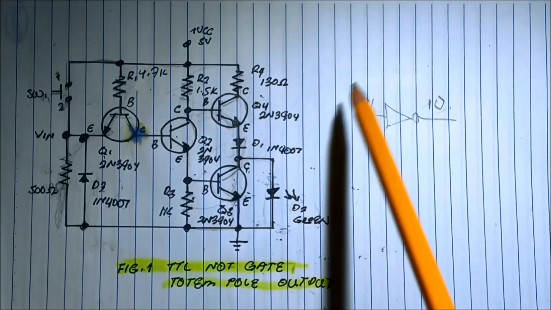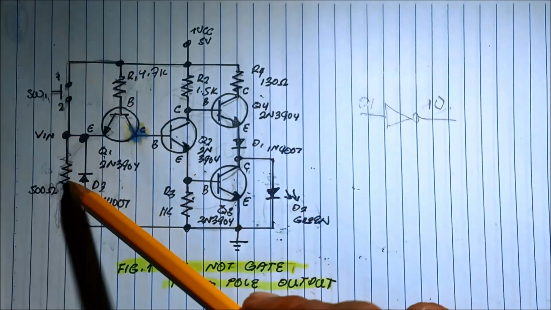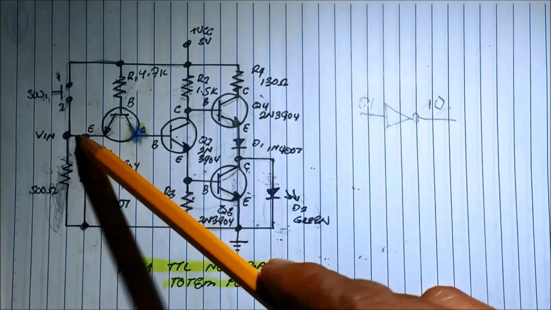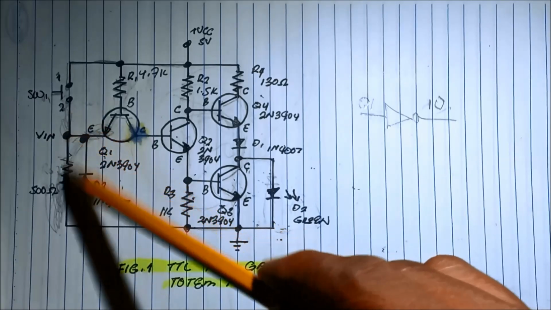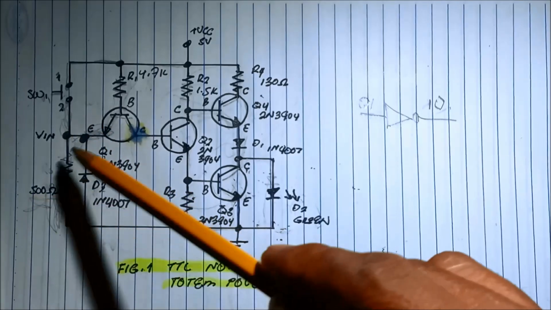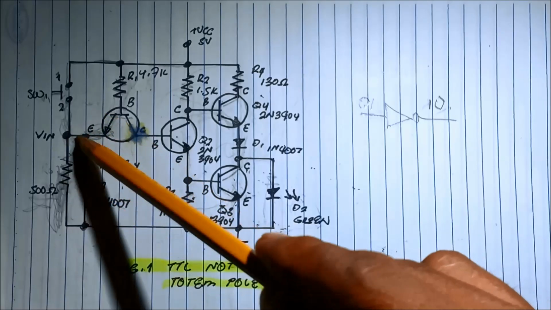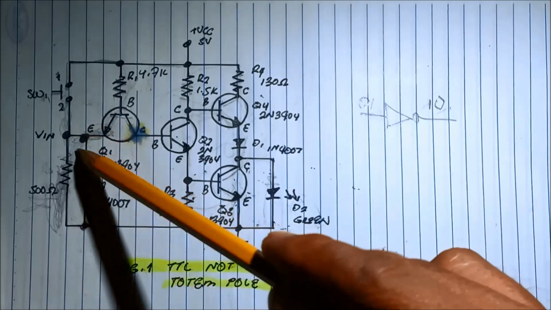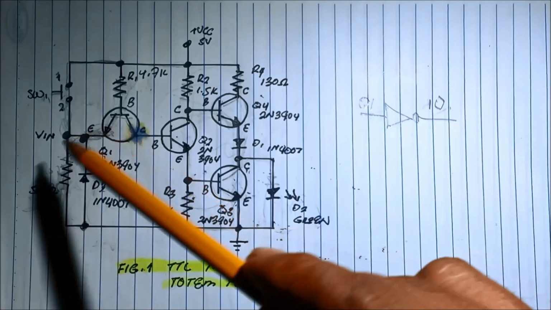But in the case that when we press the switch, current now flows into the 5 ohms and then to the emitter, dividing the current between 500 ohms and emitter. At the same time, we are injecting a voltage here of about 5 volts to the emitter.